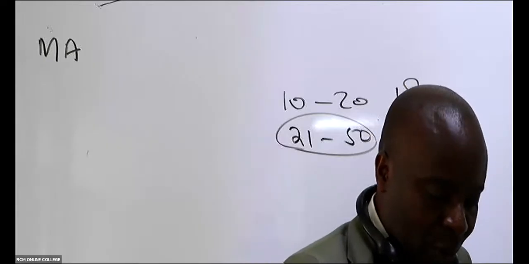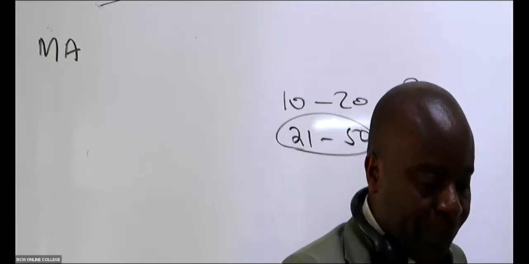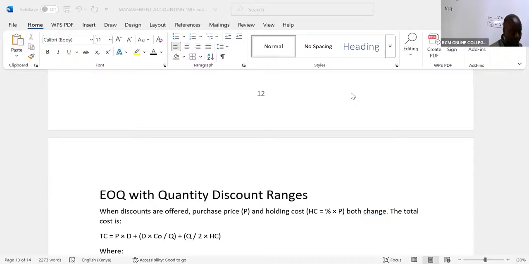Quantity discounts in situations where those discounts come in the form of ranges. You're told here, when discounts are offered, the purchase price and the holding cost both will change. As usual, the total cost formula will always remain the same.